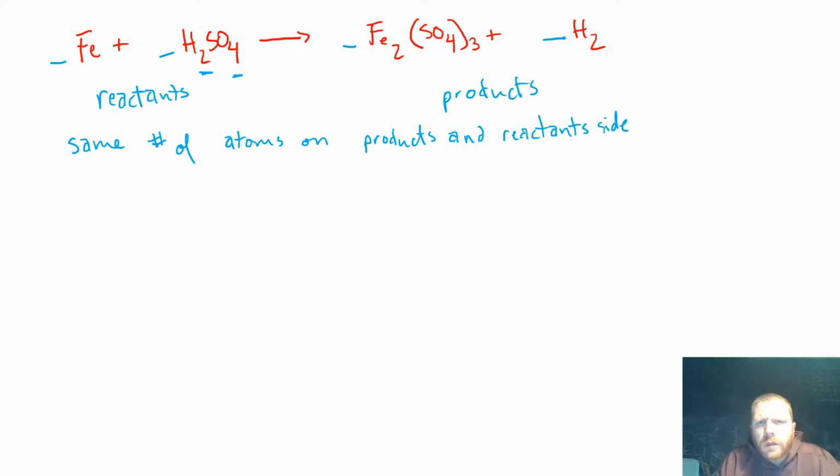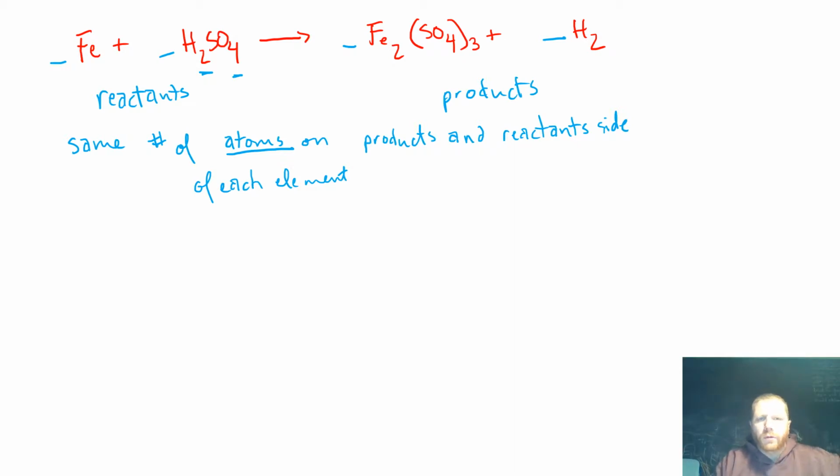And whenever I say the same number of atoms, I mean of each element. So for instance, you'll have the same number of iron atoms on both the reactants and the product side. So let's go ahead and get into balancing this chemical reaction.